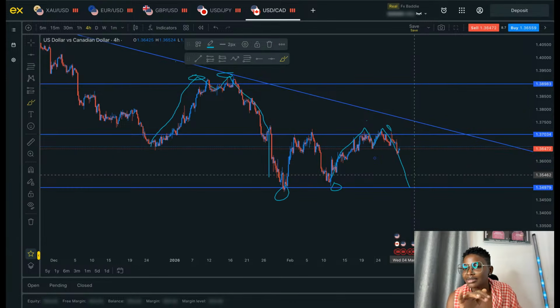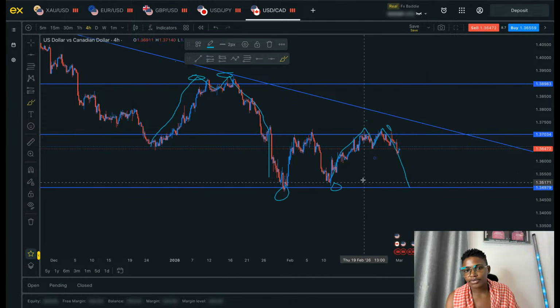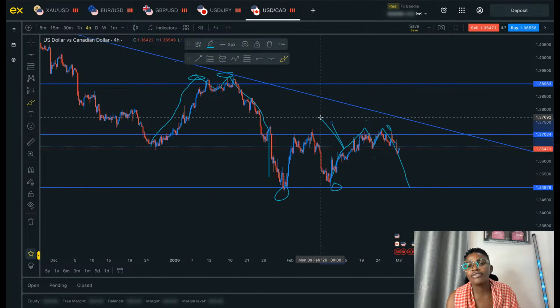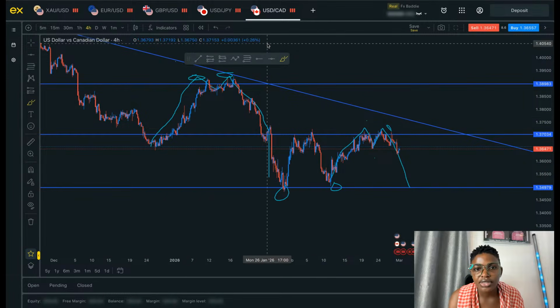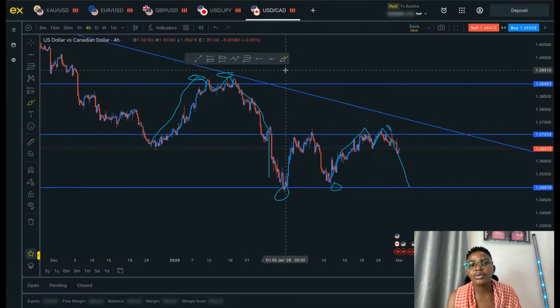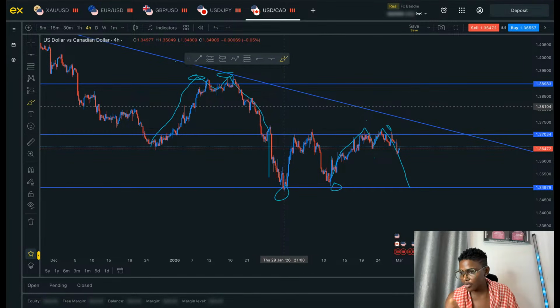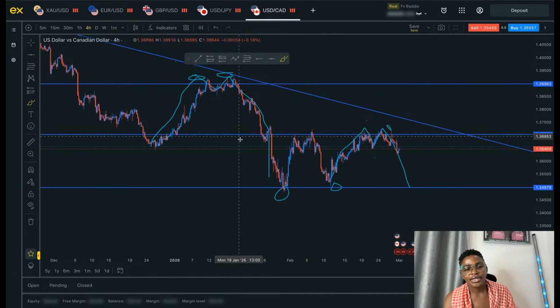So we can see it like that clearly. So on the 4 hours, we are still looking at USD CAD being bearish, right? Okay, yes. You guys are getting it, and I love that for you guys.